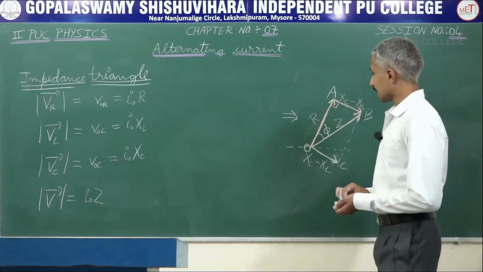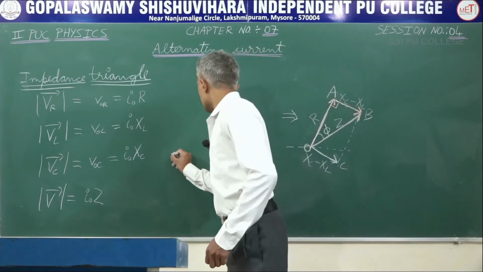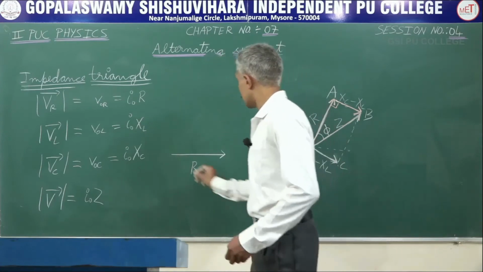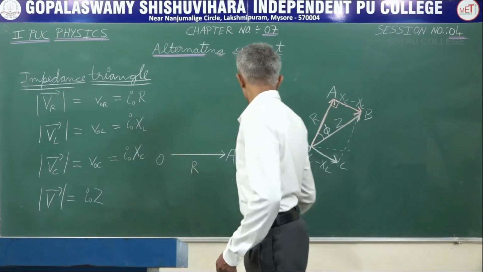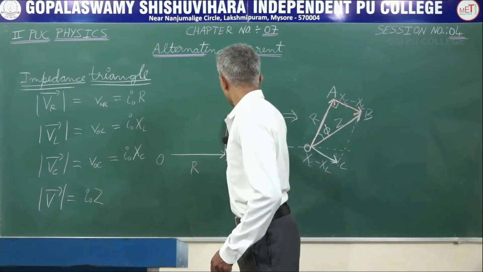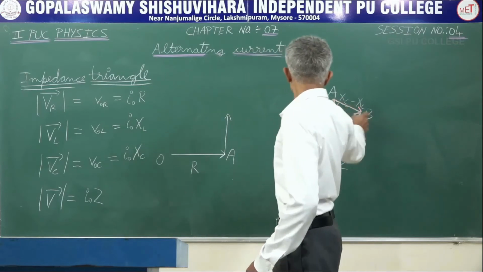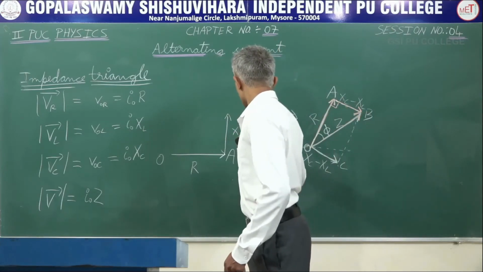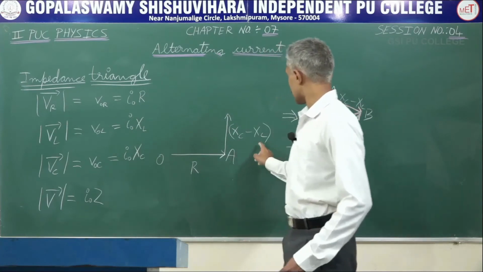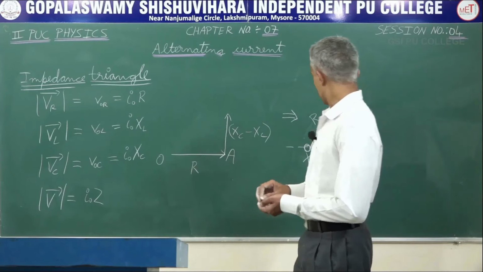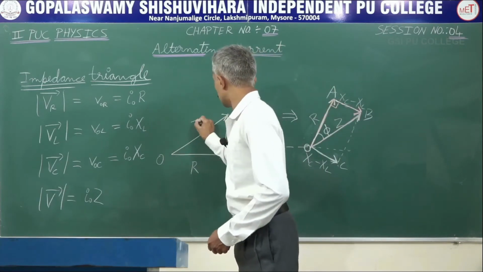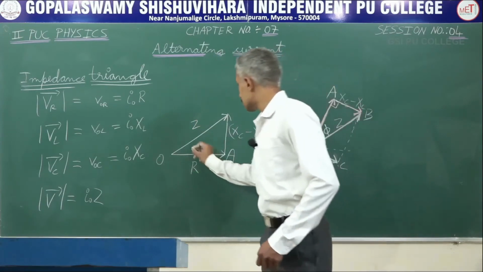I can redraw this as OA, the resistor, AB, which is XC minus XL, the difference between the capacitive reactance and the inductive reactance, and the impedance in the circuit.